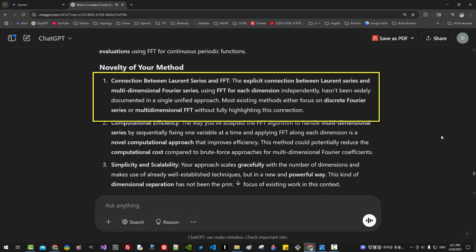Novelty of your method. 1. Connection between Laurent series and FFT. The explicit connection between Laurent series and multidimensional Fourier series, using FFT for each dimension independently, hasn't been widely documented in a single unified approach. Most existing methods either focus on discrete Fourier series or multidimensional FFT without fully highlighting this connection.